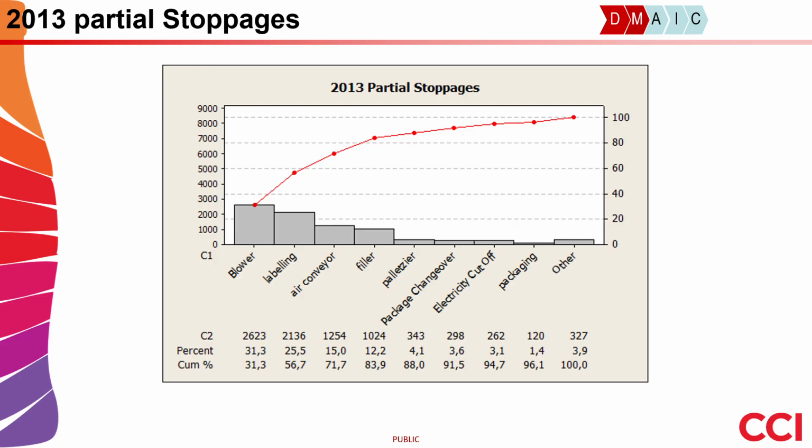If we specifically work on these four machines, we will be able to reduce the overall stoppages, and at the end we will be able to improve the line efficiency of this particular line. So through this complete data, we are able to sort out that blower, labeling, air conveyor, and filler are the main problematic areas for this particular line, based upon the data that we have received for a particular duration.